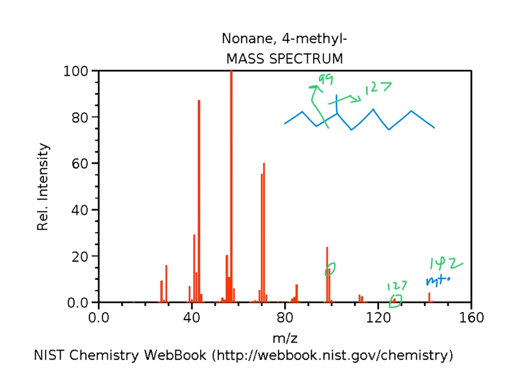It looks like the smaller one there. If we cleave at this other branch point, then this would go down to 71, which is right here. But we haven't actually gotten to the base peak.